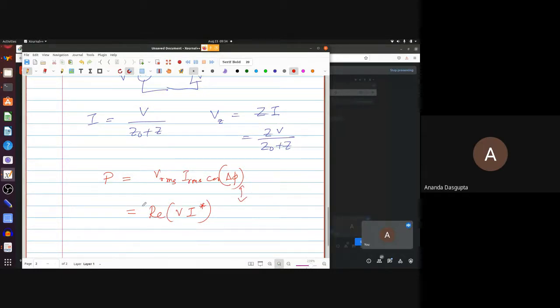There was an extra half in the formula there, but that extra half only if you are using the actual complex voltages and currents. If you are using RMS values to denote the amplitude of voltage and current, then the extra half is taken care of, because the RMS will give you the extra 1 by root 2, 1 by root 2 to give you the half. Is this clear, or does anybody have any doubts about this?